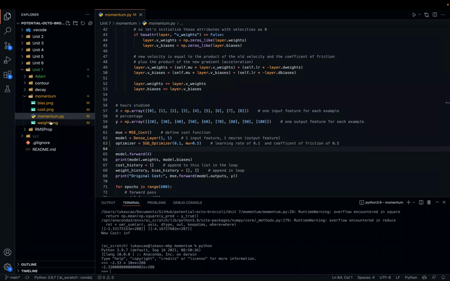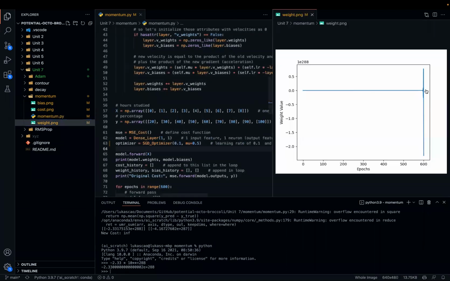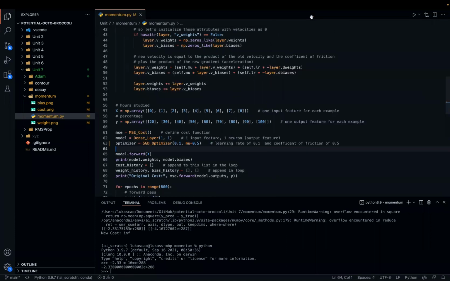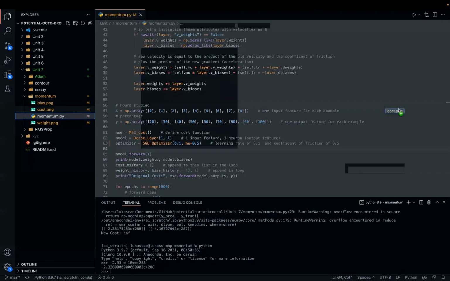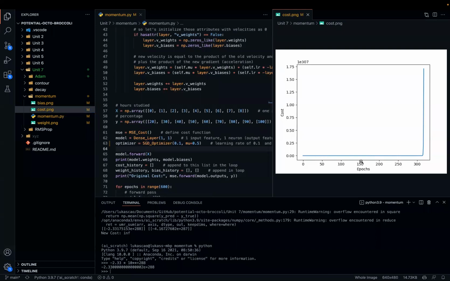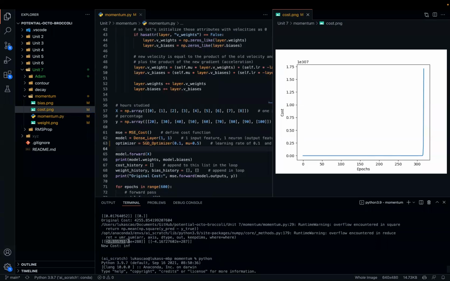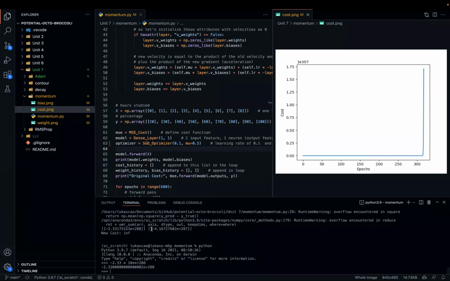And then if you look at your history of your weight, okay, that's not helpful. Let's see the cost. Okay, you see the cost, it just explodes. It explodes because your weight went so huge that when you made your new predictions, they're off by way too much.